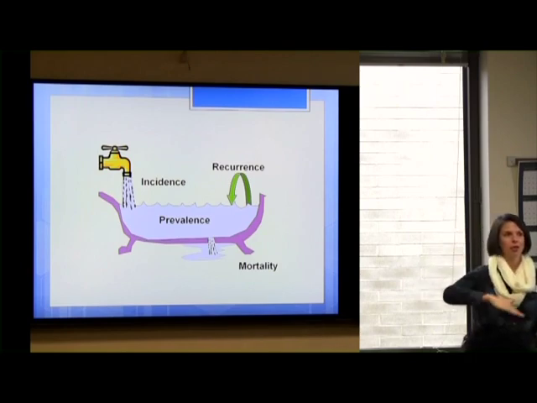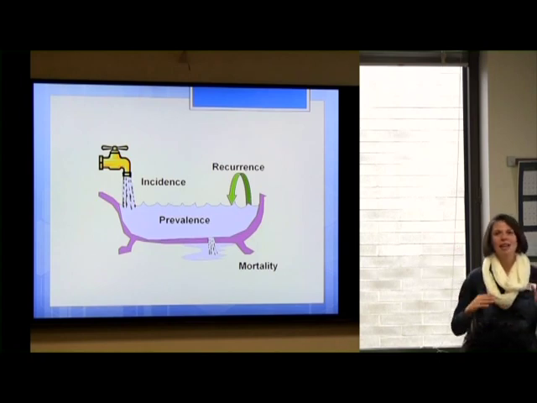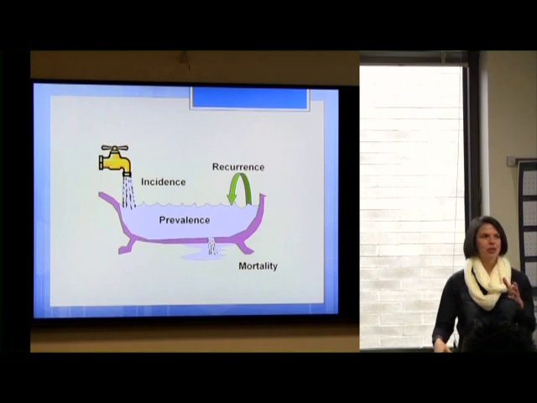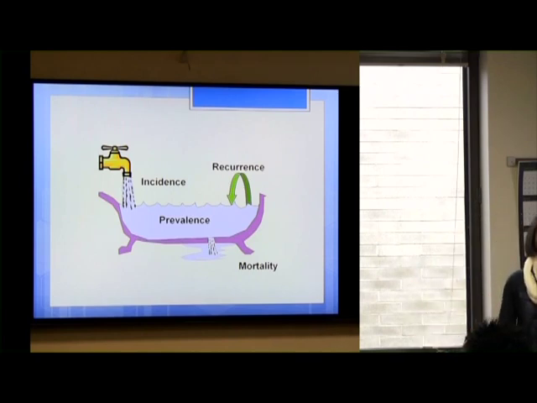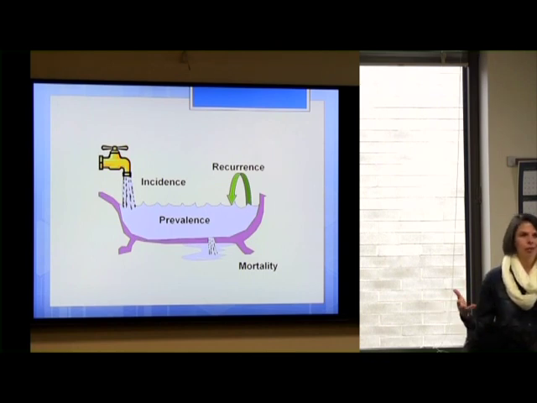You're 50% full, you're 75% full. So that's prevalence. And then the rate at which your water is draining out because either people are dying or they're being cured of your disease, that's mortality or cure, but those are also communicated in rates because you're kind of measuring how fast it's flowing out of the tub.